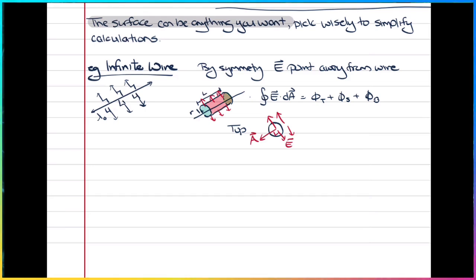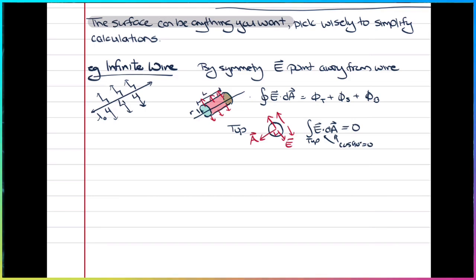So in this case, the electric field over the top, since they make a 90-degree angle with one another, the area and the electric field, right, the cosine of 90 degrees is 0, so this flux is 0.